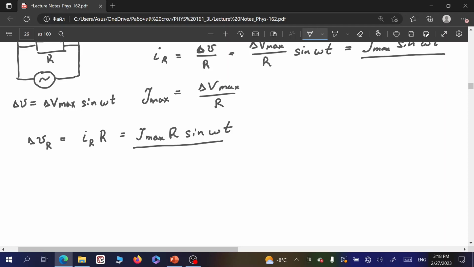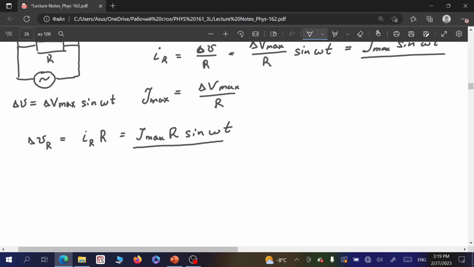So what we need to determine now is at which equivalent DC current we will have the same dissipation of electric energy over the active resistor as happens with AC current with some maximum value Imax. So we want to know how we can substitute AC current with some equivalent DC current in order to dissipate the same amount of electric power at this resistor.